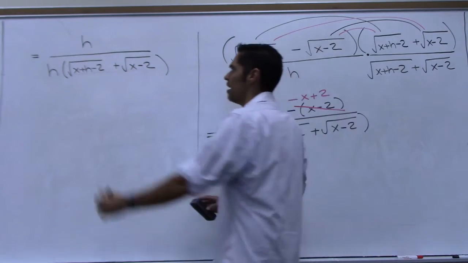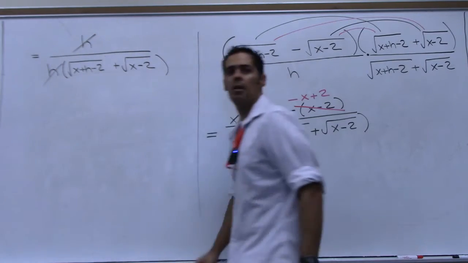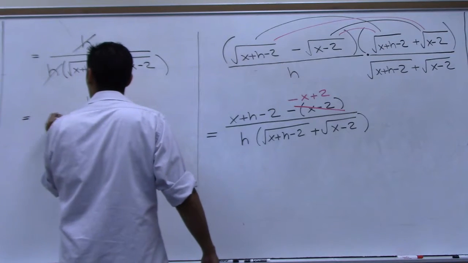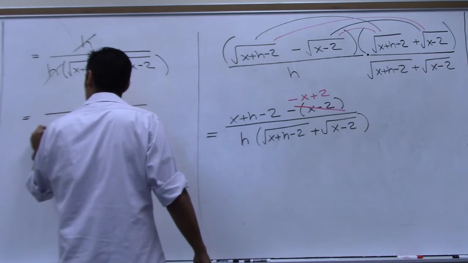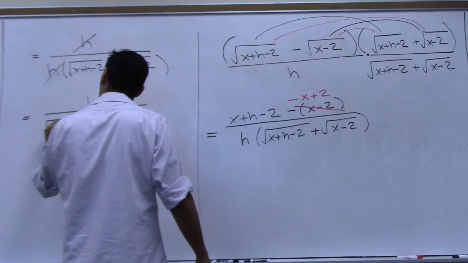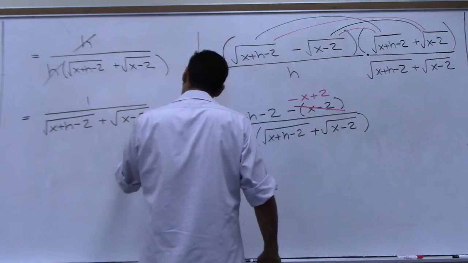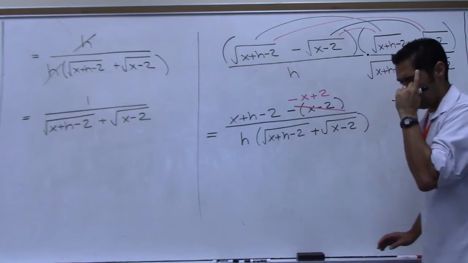When these h's cancel, what's still left on top? A 1. Don't forget about the 1 on top. So our final result is this. There we go. That's the difference quotient.